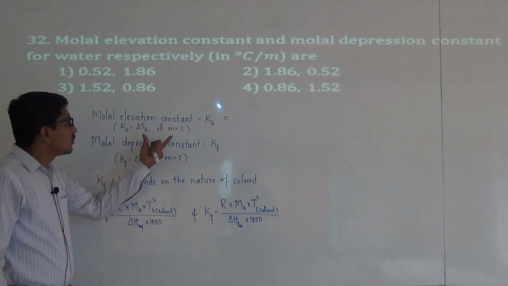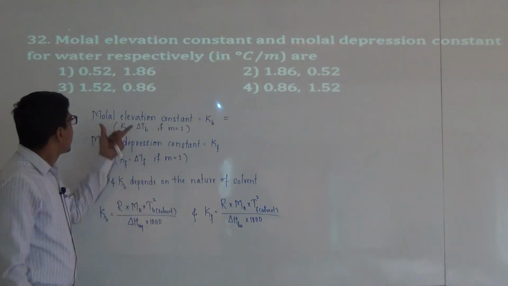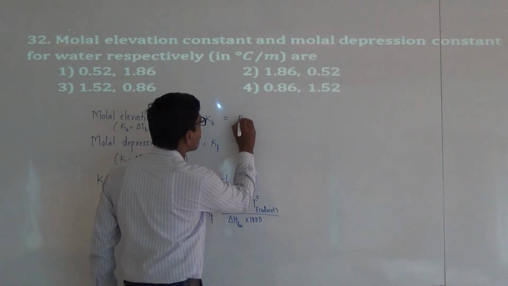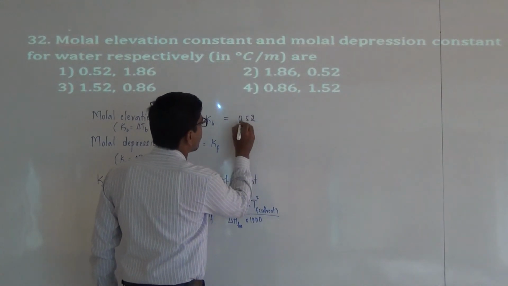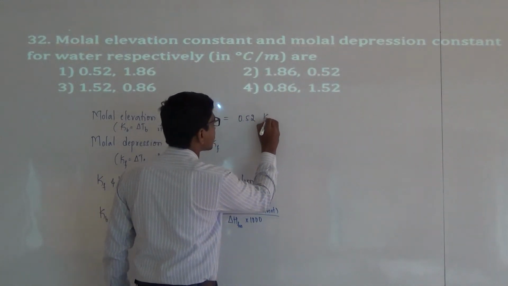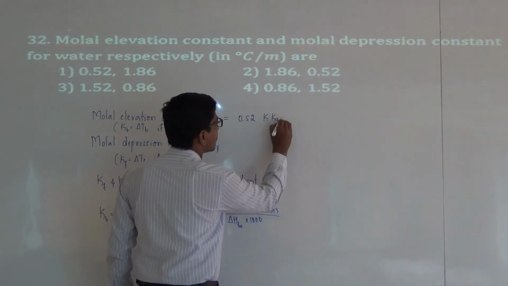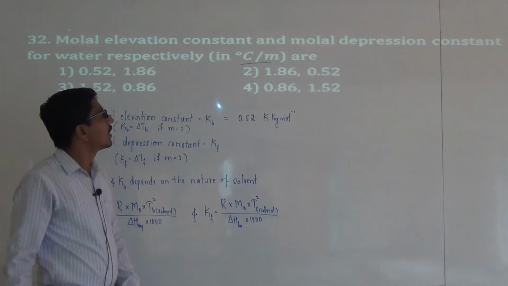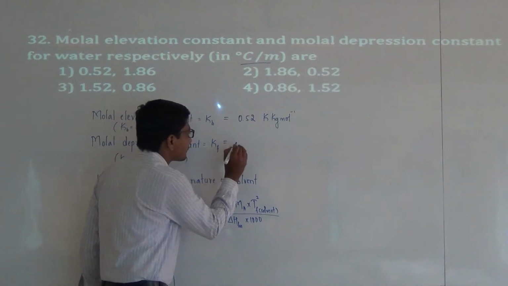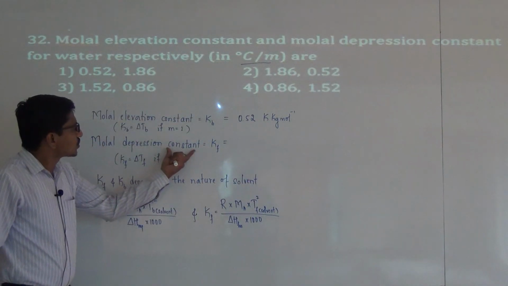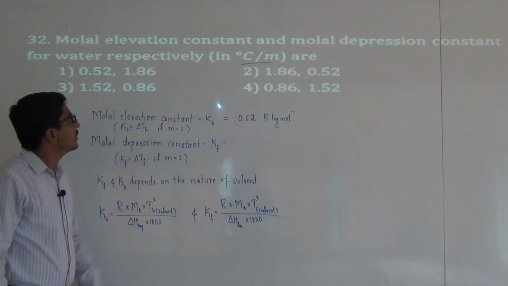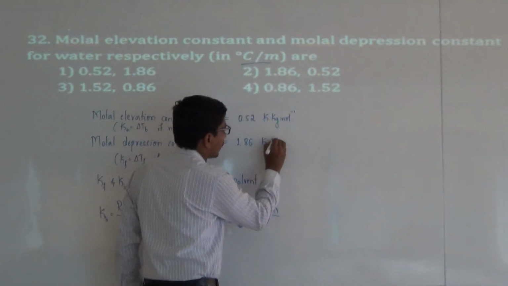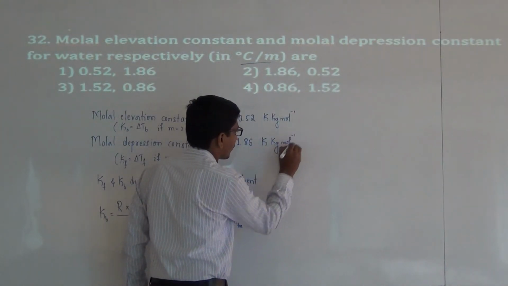And in this question, the molal elevation constant of water as well as the molal depression constant of water, these values are constant. The molal elevation constant for water is 0.52, and the unit is Kelvin kg per mole, and this is given in degree Celsius per molality. And molal depression constant value for water is 1.86 Kelvin kg per mole.